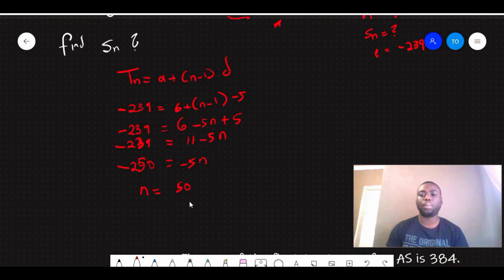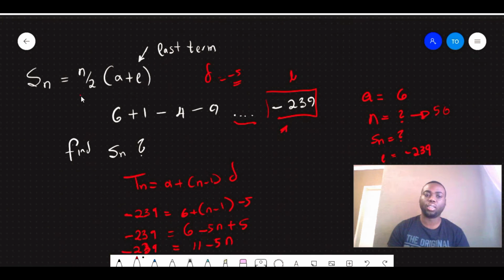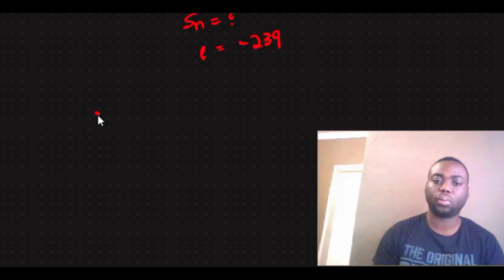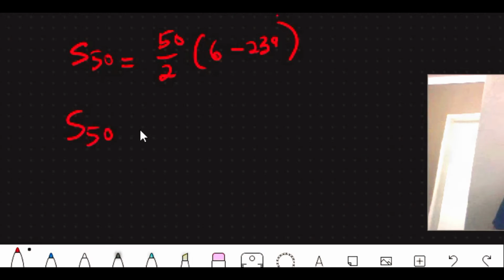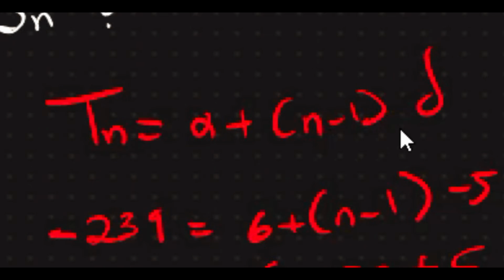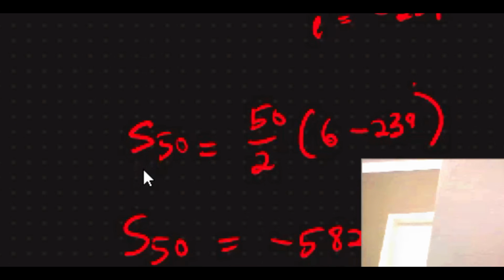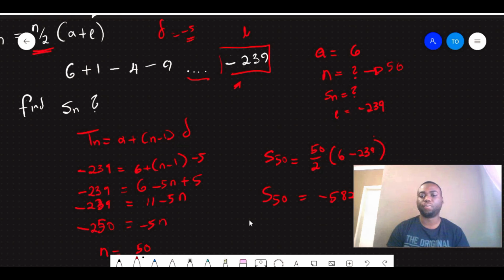So as you can see, by means of simplification, we found our N to be 50. We can put it into that formula over there and we should be able to get our answer. And as you can see, that will be your final answer, which is negative 5825. So recap real quick. The first thing we did was to find our N by using the arithmetic sequence. After that, we used our N in this formula for sum and we were able to get our final answer. And that's it.